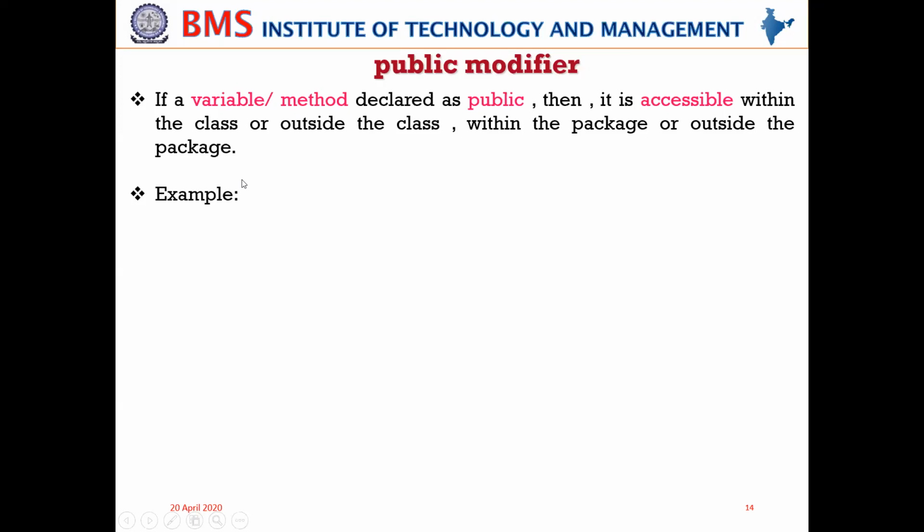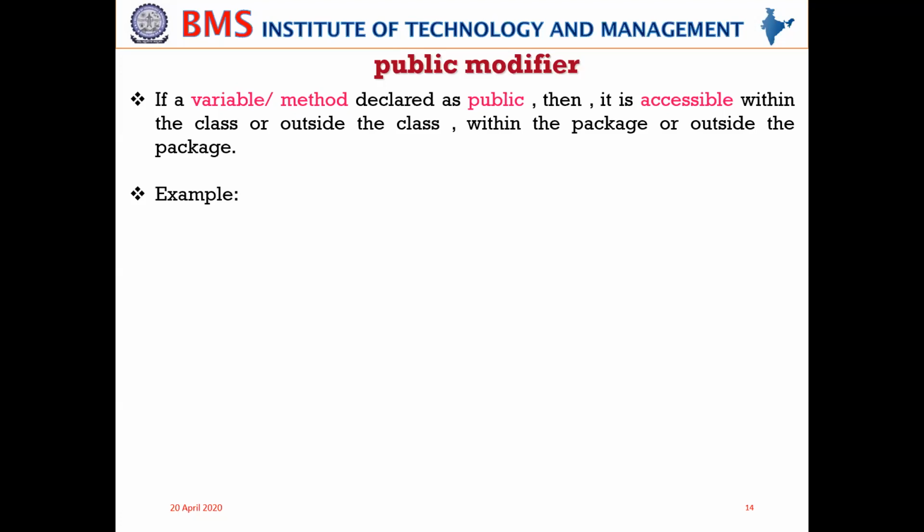I'll give a general analogy. For example, let me consider a student of ISC. Suppose I tag you as public under the student name, I tag public to the ISC department. Then you are recognized within the ISC department, within the college, in other departments also.